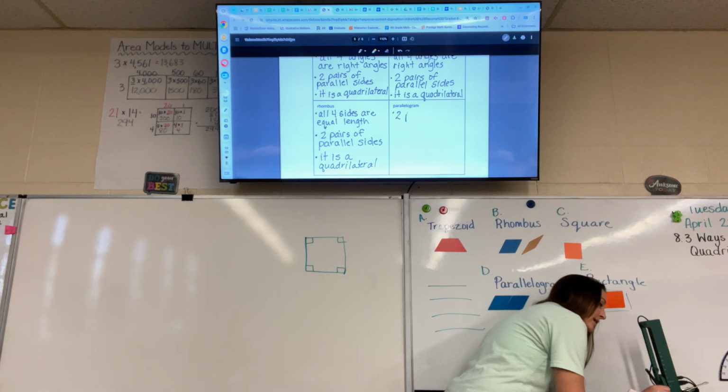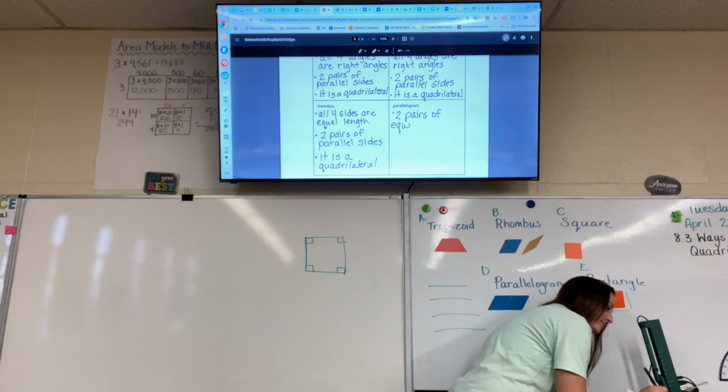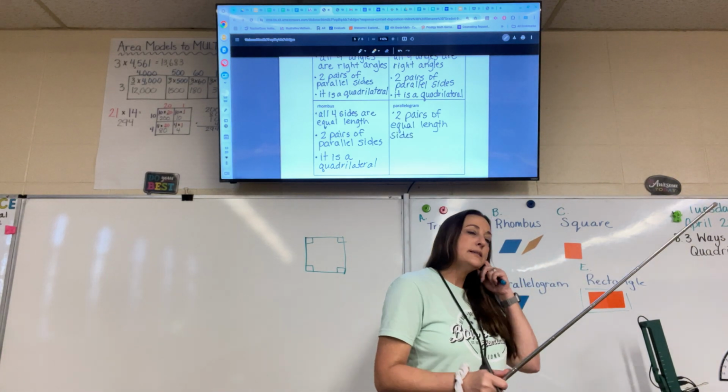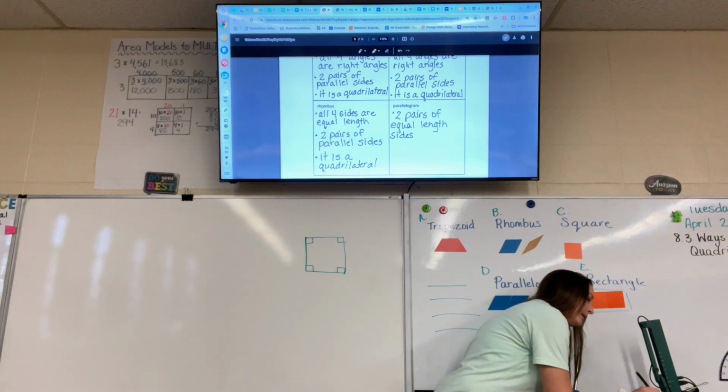Two pairs of equal length sides. And Brantley said it a minute ago, two pairs of parallel sides.